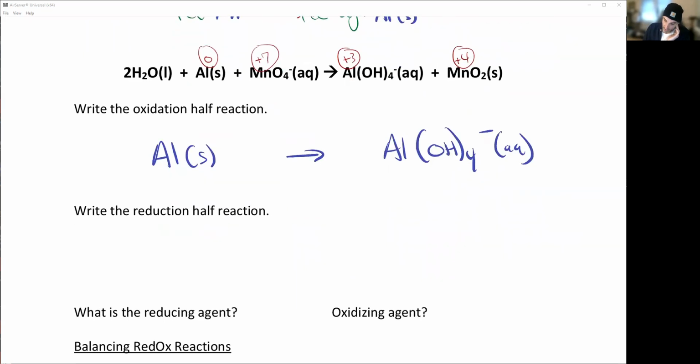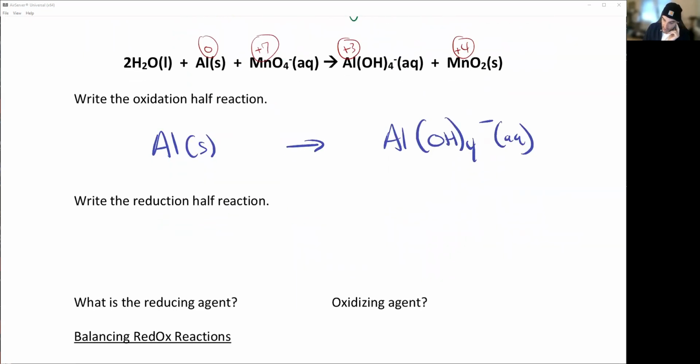So what is the reduction half reaction going to start to look like? The thing that contains the manganese, MnO4 minus aqueous, yields MnO2 solid. That's it. So this is how it's going to start.